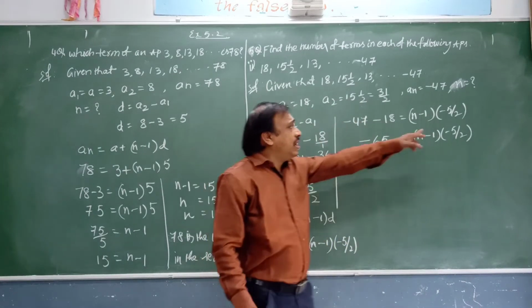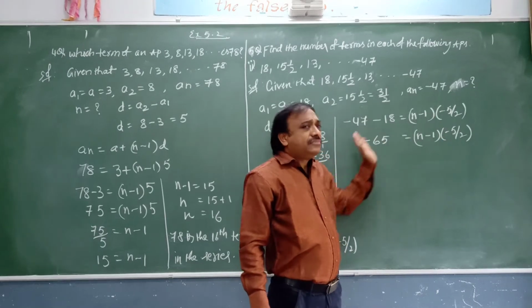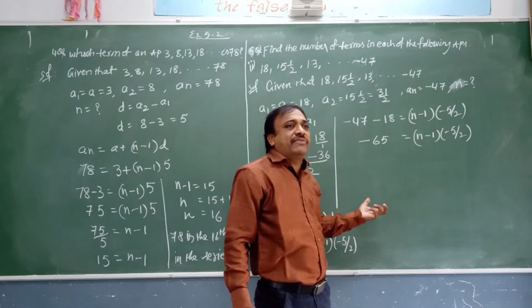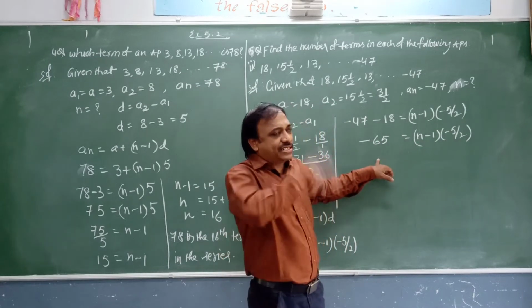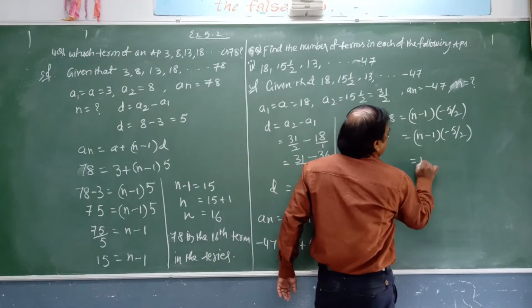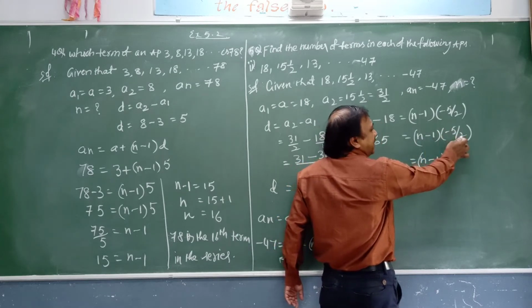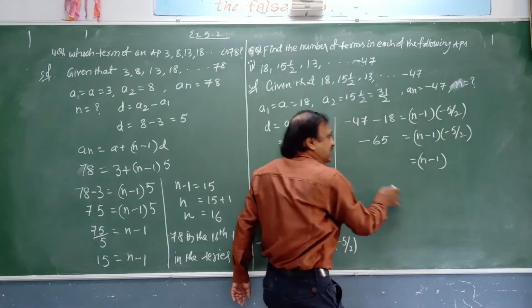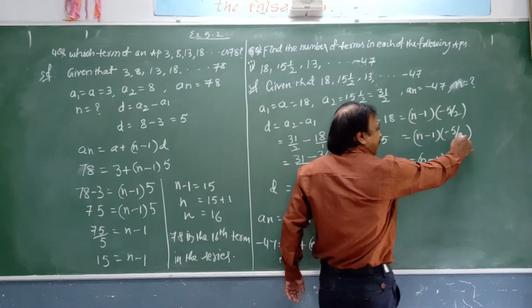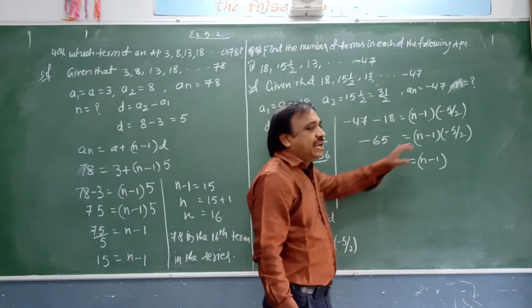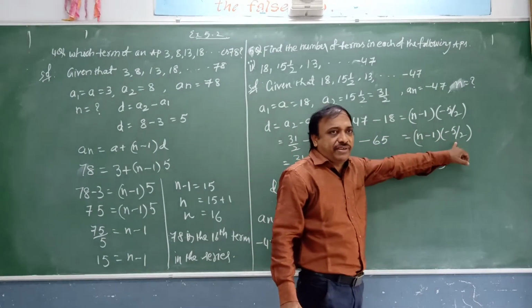Just now I told you, either you can multiply and then transpose, or to make the equation very simple, we can directly transpose this product to this side. So n minus 1 is equal to minus 65 divided by minus 5 by 2. When you transpose a product it becomes division, which means the reciprocal of the given fraction.